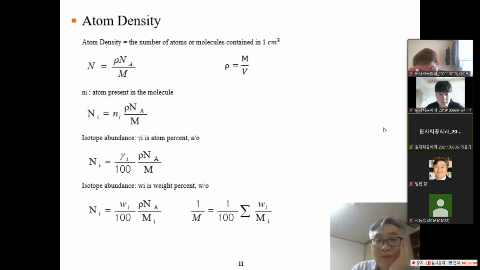When we put the expression for rho into the first equation, m will cancel out. That leaves N_A over V, the number of atoms divided by volume. That we call number density.